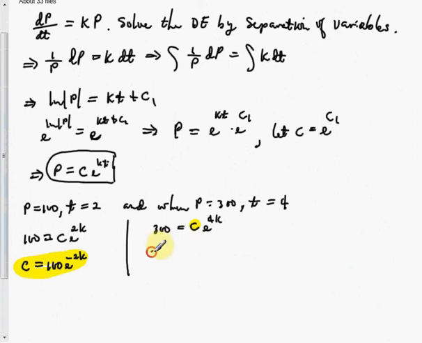So here I have 300 is equal to 100 times e to the negative 2k times e to the 4k. At least from there I can isolate k.